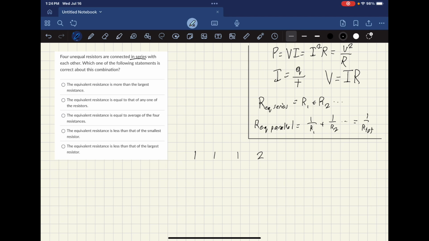So let's say instead that we have 1, 2, 3, and 4. There, now they're all unequal. So our largest one is 4, but if we do 1 plus 2 plus 3 plus 4, 1 plus 2 is 3, plus 3 is 6, plus 4 is 10, and 10 is greater than 4. So we know that equivalent resistance is more than the largest resistance.